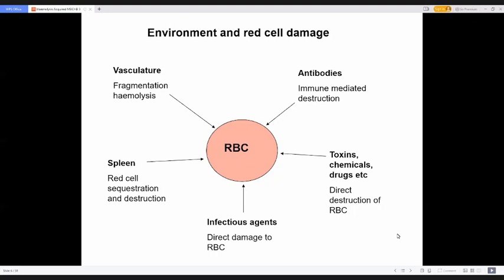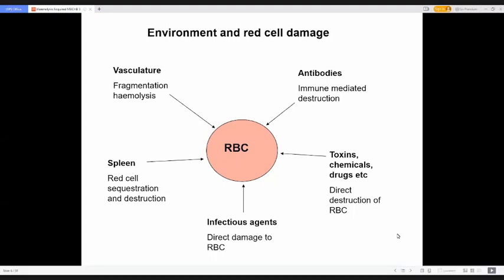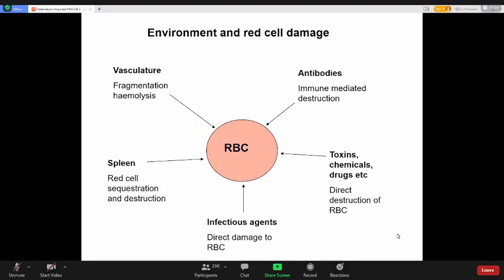So this is a summary of the abnormal or pathological environment or micro ecosystem of the red cell that may cause damage and premature destruction of the red cell, right?